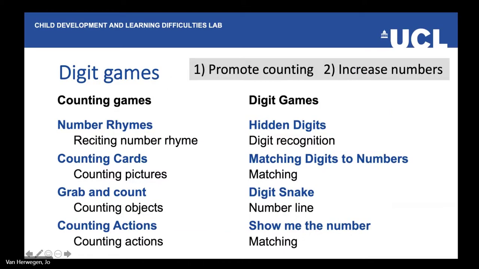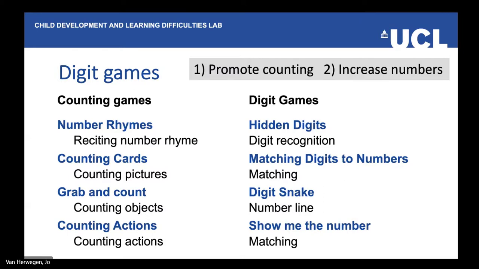So those were a few of our plus games. In terms of digit games, these were games where we looked at promoting counting, promoting children's symbolic understanding, and also the transcoding between a symbol and its name, as well as cardinality, understanding how many items there are.